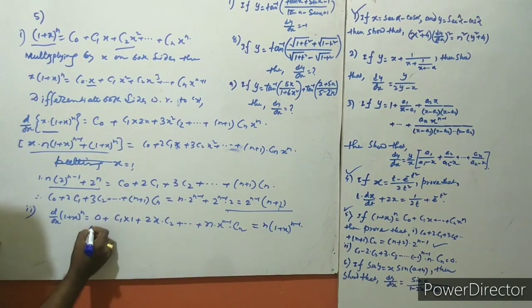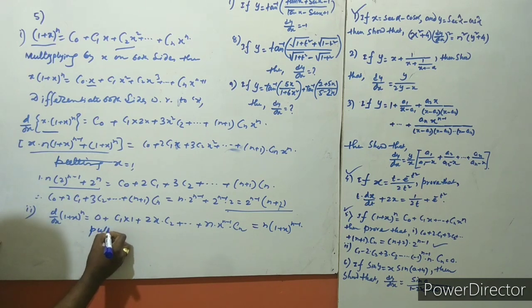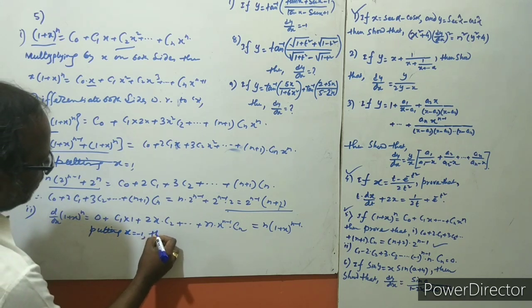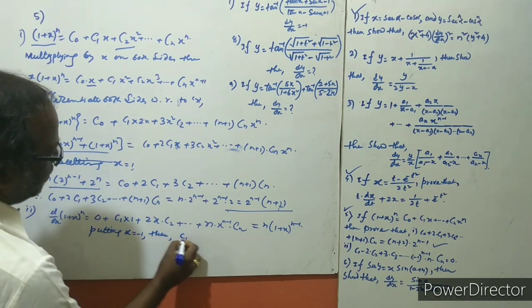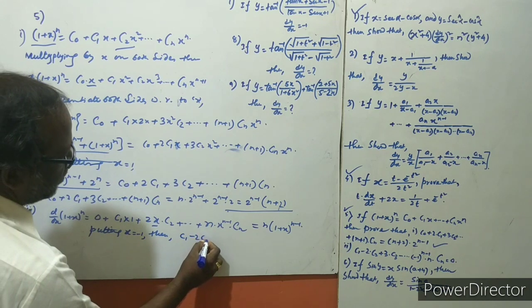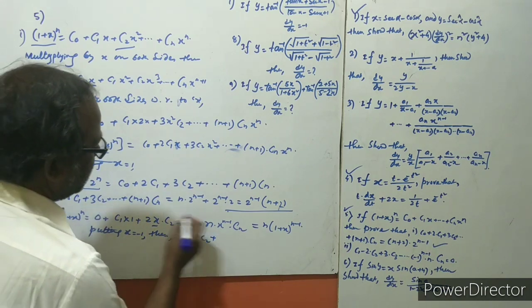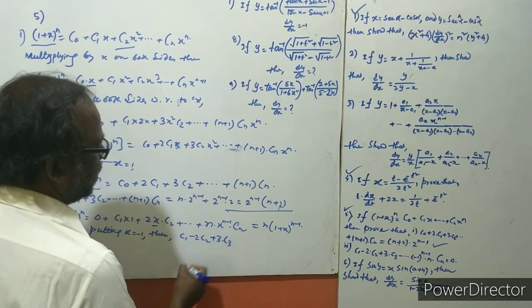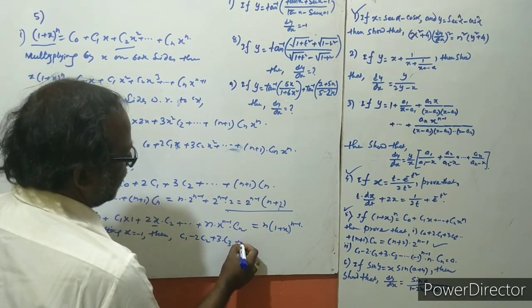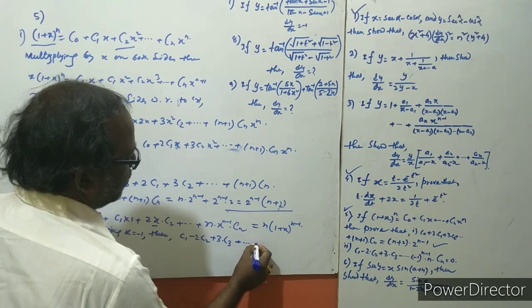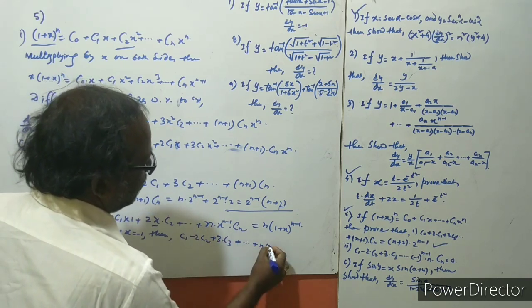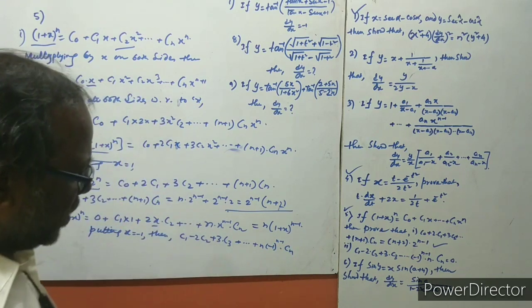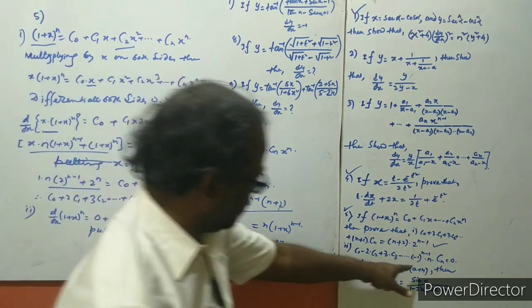Now putting x equal to minus 1, this is c1, so put minus here, and the next term has 3x square, so you get plus 3c3, so plus n into minus 1 whole to the power n minus 1 into cn.